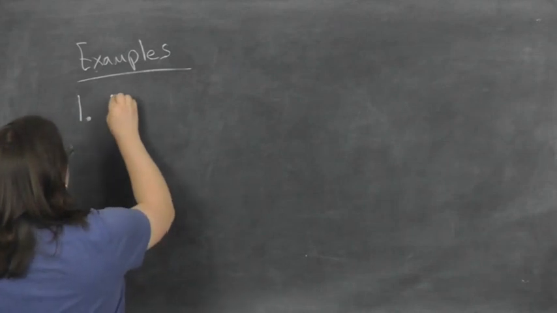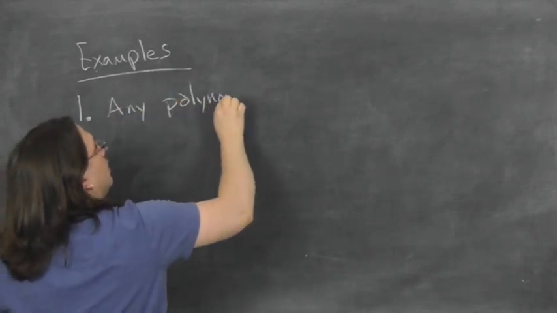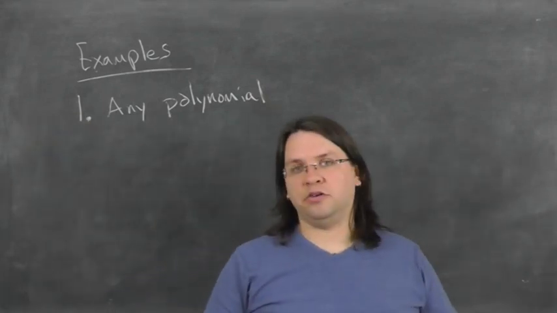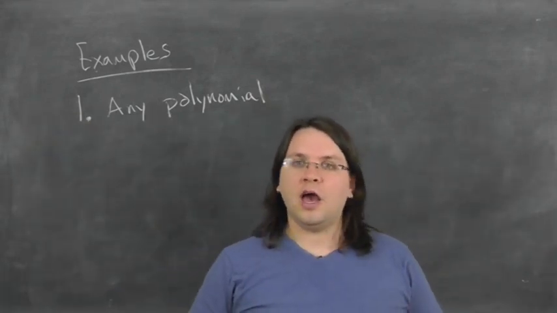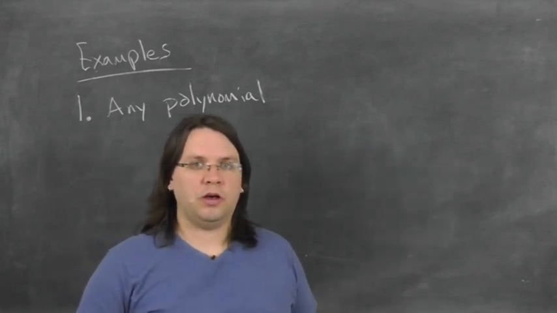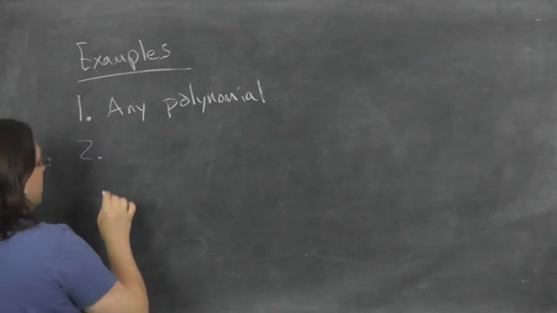First of all, any polynomial has a Maclaurin series and a Taylor series at any value of x equals a. And what is that series? It's just the same polynomial that you started with.